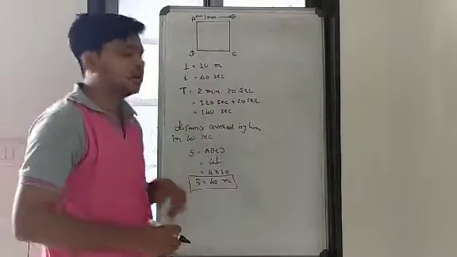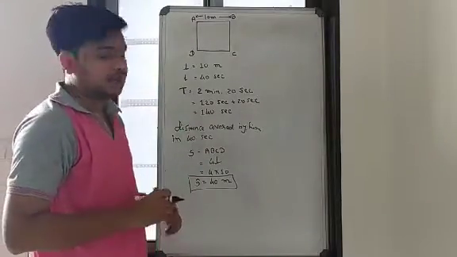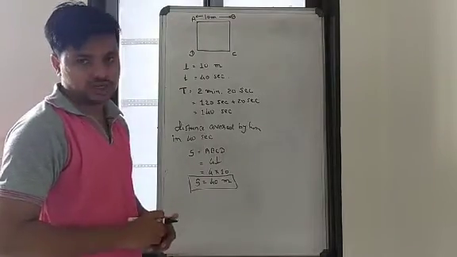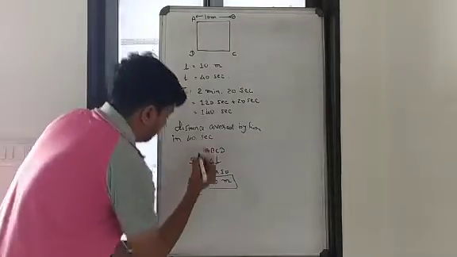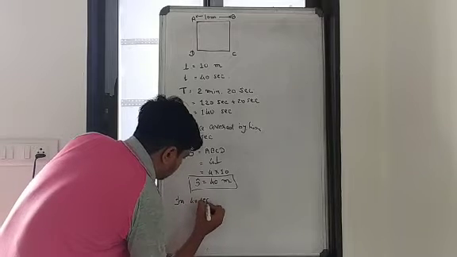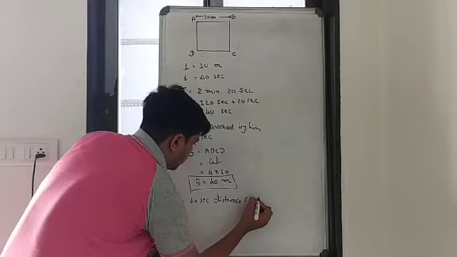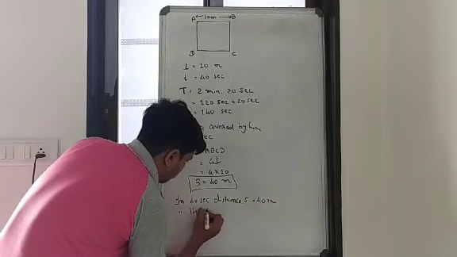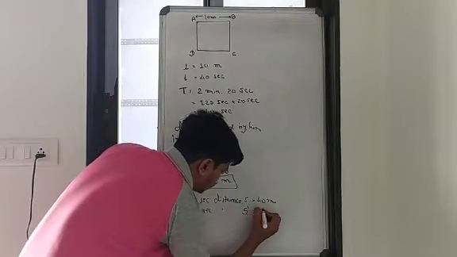Then in 140 seconds, what is the distance covered by that person? We can find that with the help of the equation which you have used in mathematics. If we take here, in 40 seconds, distance S is equal to 40 meter, then in 140 seconds, the distance we are here taking as S dash.